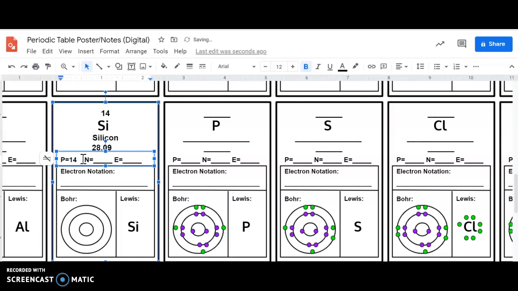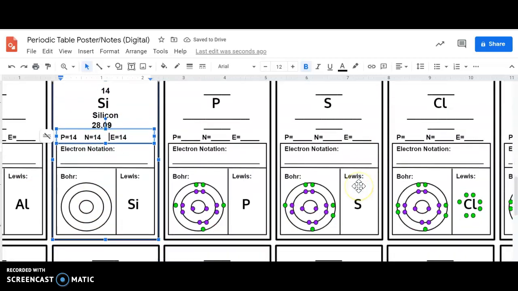So 14 protons, because that's the atomic number, as well as 14 electrons. And then you do 28, because you round down, because it's 0.09. 28 minus 14 is going to give you also 14 neutrons. That is not always the case, but here it is.